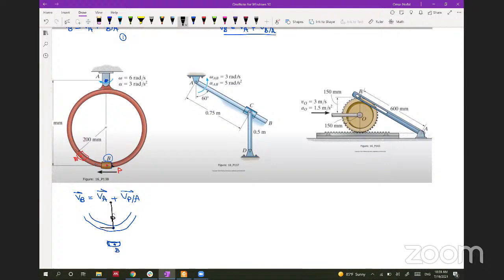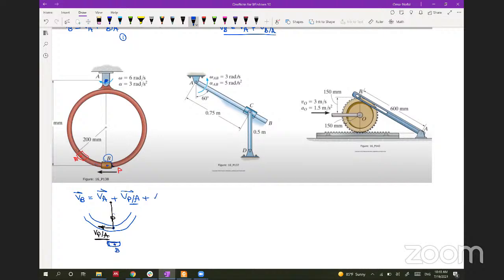Knowing the omega, this is VP with respect to A, plus the slipping term. So A and P are on the same body. Like here, the point P is below this collar, and it's on the same body as A.